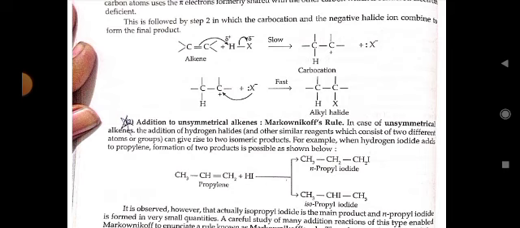Addition to unsymmetrical alkenes. Markovnikov rule. In case of unsymmetrical alkenes, the addition of hydrogen halides and other similar reagents which consist of two different atoms or groups can give rise to two isomeric products. For example, when hydrogen iodide adds to propylene, formation of two products is possible as shown below: n-propyl iodide and isopropyl iodide.